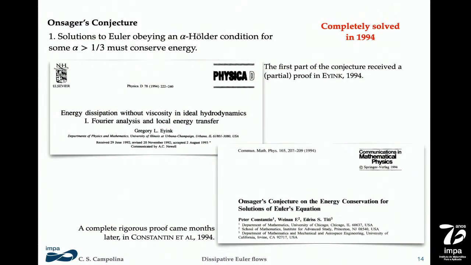So this part of the conjecture was proved, let us say, pretty fast. At least the two steps here are separated only by months, even though 94 is far from the 49 paper by Onsager.